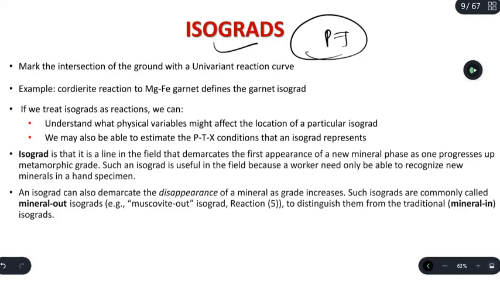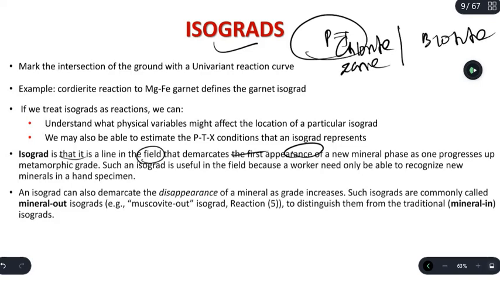It is a line that demarcates the first appearance of a new mineral phase. Suppose this is the chlorite zone, and this is your biotite zone. Okay? So this is the biotite isograd. Along that isograd is the first appearance of biotite.